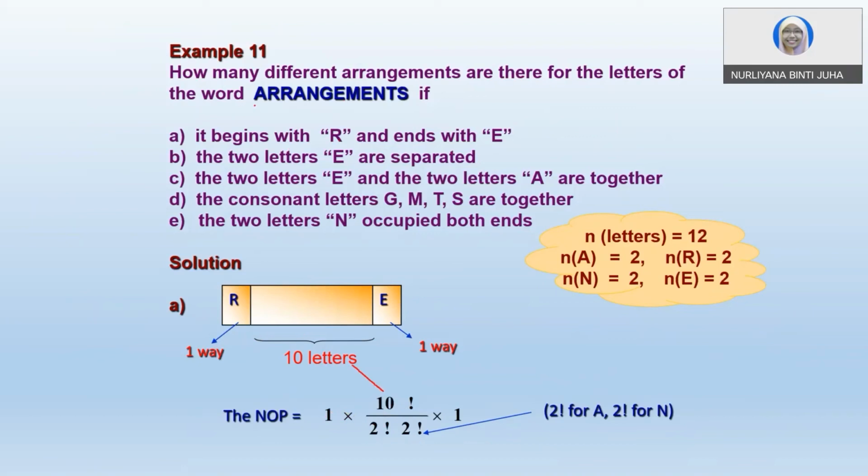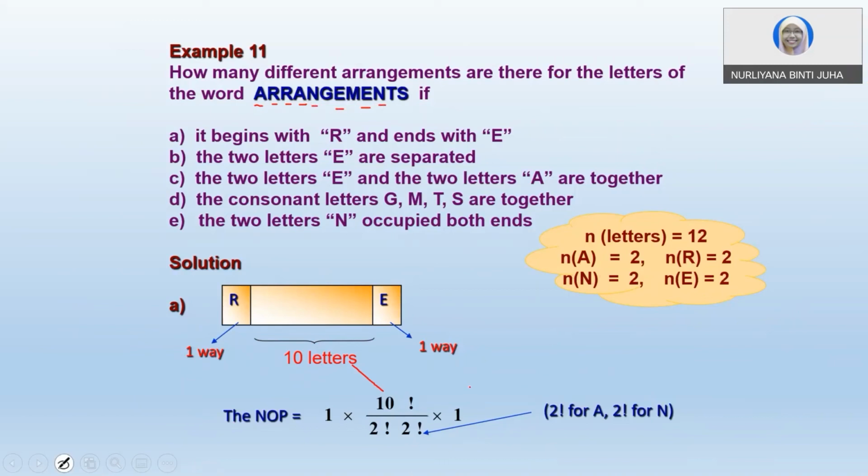Sebab dekat sini, A ni ada berulang. And R also berulang. Apa lagi yang berulang? Huruf N. N also berulang. E pun berulang. Okay. So, dekat sini ada 4 benda yang berulang. 4 object. Ni A, N, R dan E. Repeated.